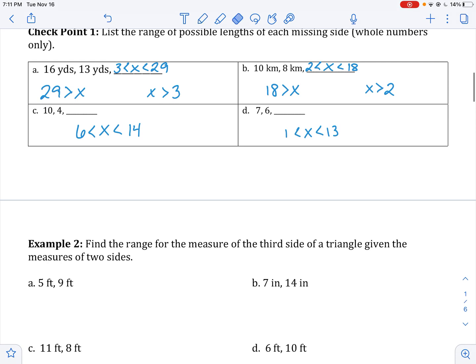But why does that work? That's because 7 plus 6, so here's x, 7 plus 6 must be greater than x.